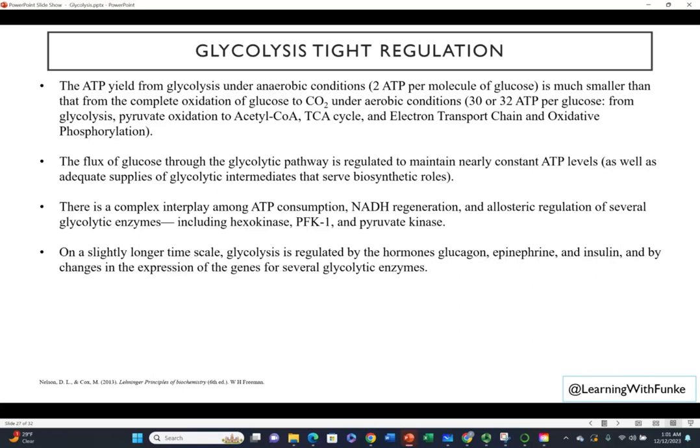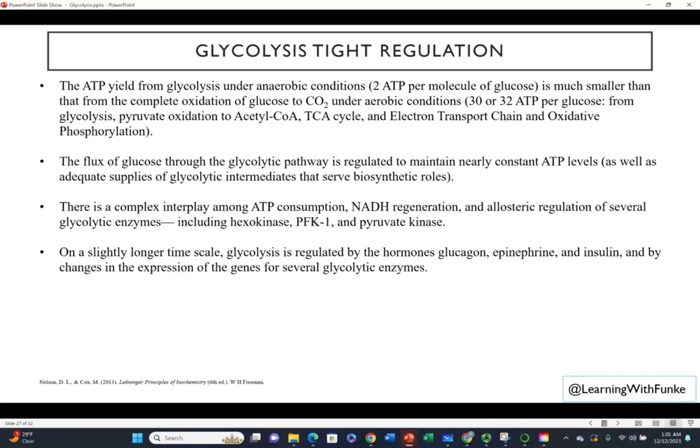And so with all of this, you can see there's a complex interplay between ATP being consumed and ADP being regenerated. And this all ties into regulation: there are allosteric regulations of several glycolytic enzymes.